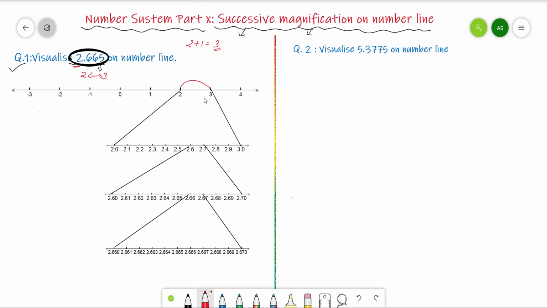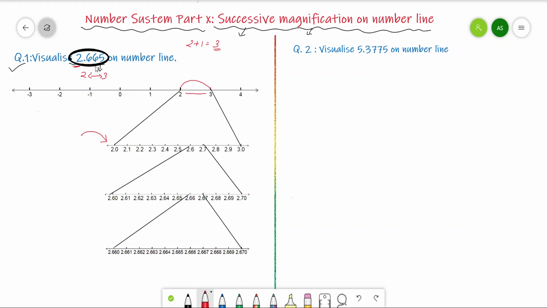So instead of looking with your naked eyes, if you use a magnifying glass, this region will be visible a little more spacious, and that is what is shown in the next stage, and that is how we are going to proceed with the question.